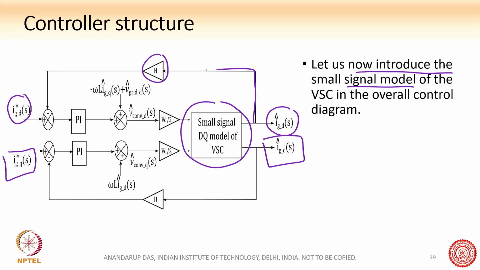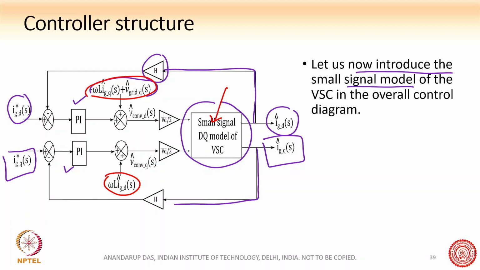This is the feedback, IGD coming back here, IGQ also feedback. Then there is a PI compensator, and here are the feed forward terms which take the effect of the cross coupling terms, right? And so this is the overall control structure.